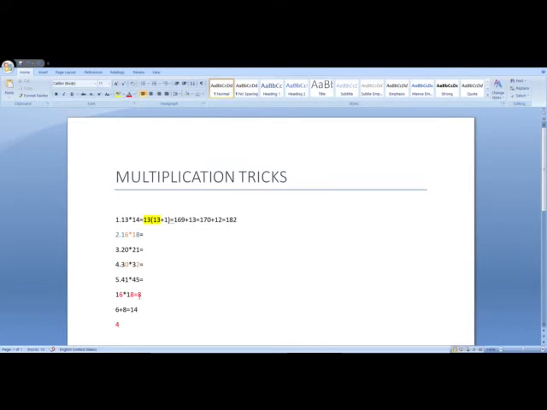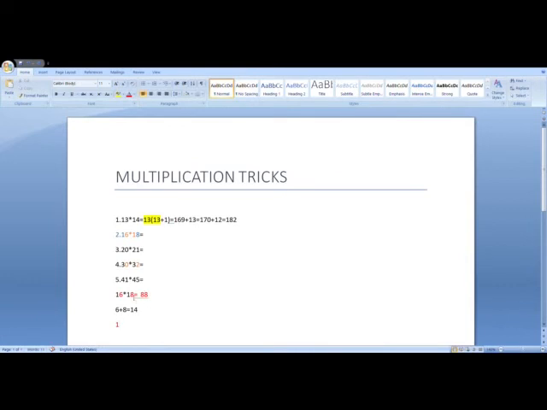Whenever you do 8 into 6, it is 48. The 8 is the last digit. Now we have a 4 as a carry, so add this 4 to 14. What do we get? It is 18. Don't write 18; just write 8 and keep 1 as a carry.